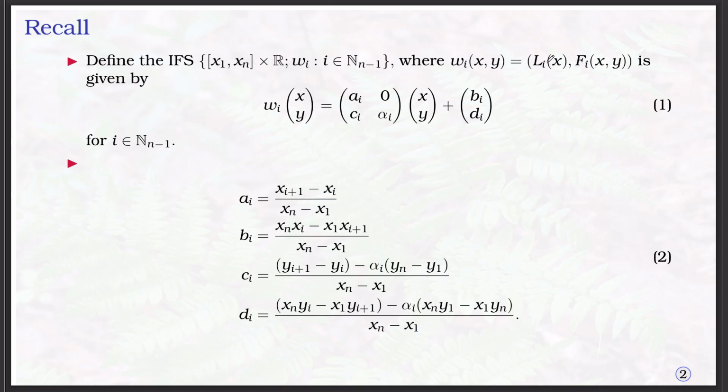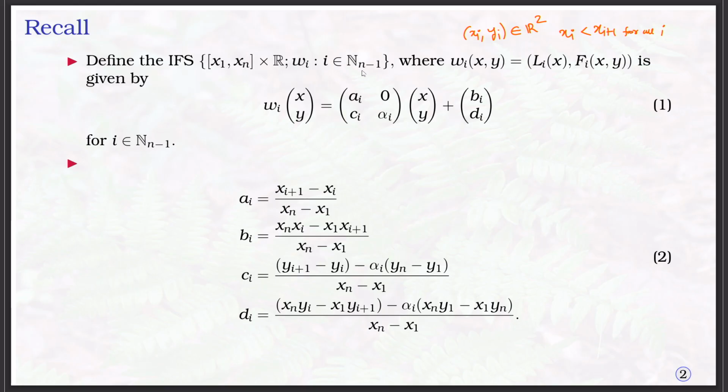Let me recall here, if the data points xi and yi are given, these data points are taken from R power 2 such that the xi's are less than xi plus 1, that means the xi's are increasing for all i.